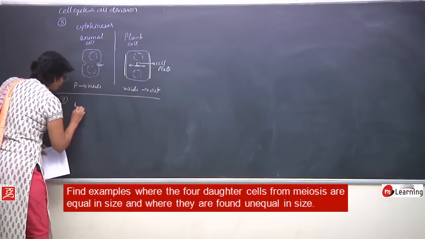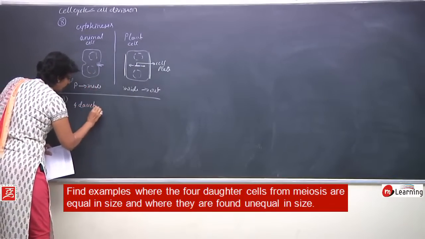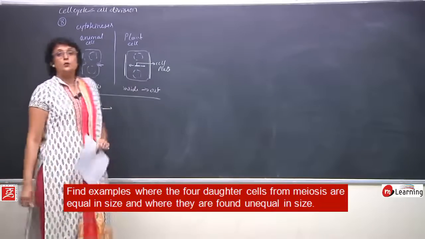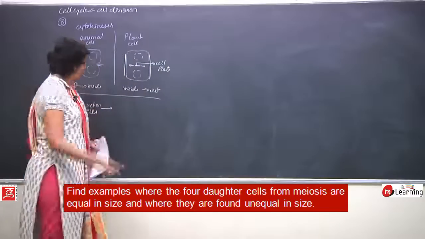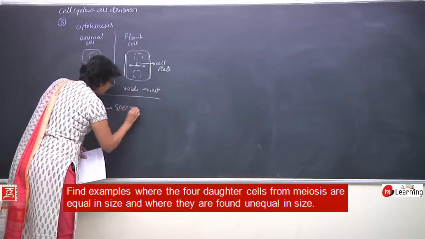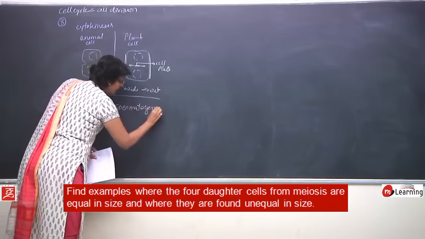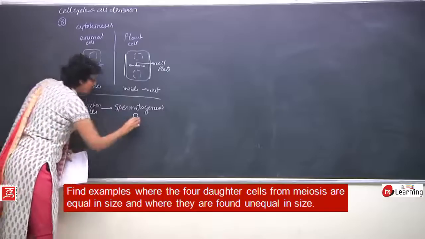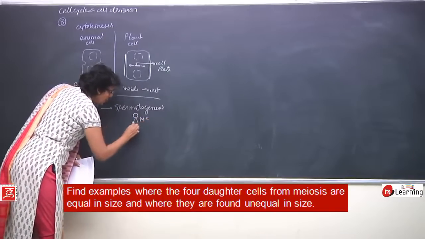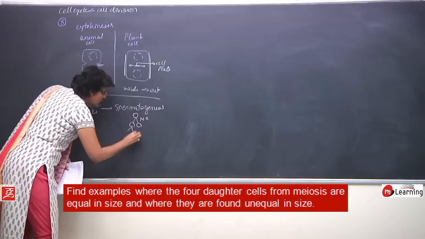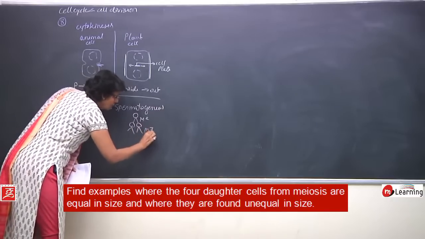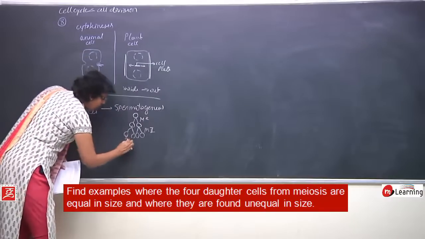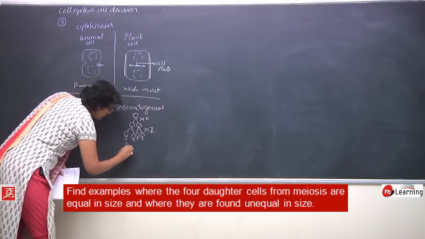All 4 daughter cells are same when sperm formation takes place in spermatogenesis. So in spermatogenesis, one sperm mother cell undergoes meiosis 1 to form 2, then these 2 will divide, meiosis 2, to give rise to 4 spermatids, and they will give rise to 4 sperms.